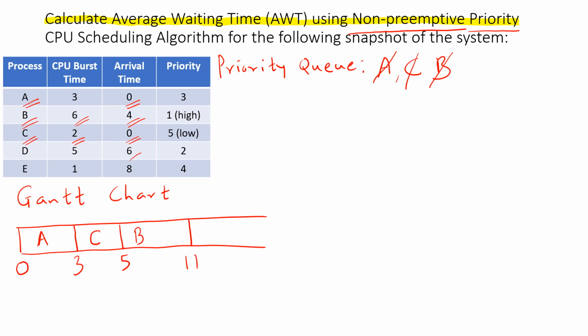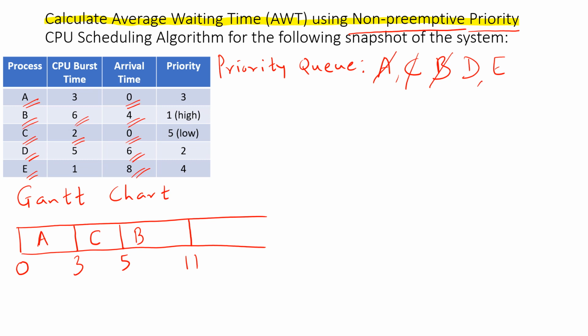At time unit 6 D arrives, so it is entered into the queue. And at time unit 8 E arrives, so E is also entered into the queue. These processes will come and simply sit in the priority queue without disturbing the existing running process.